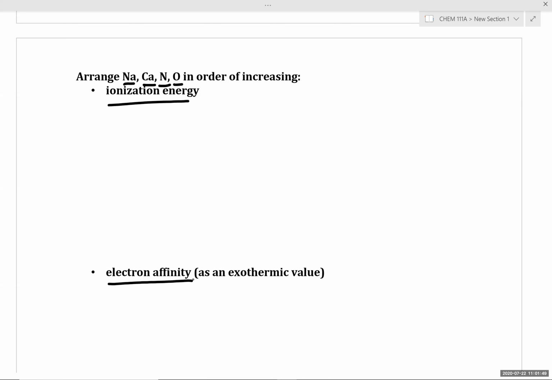And we'll discuss this example in about 3 to 4 minutes. And let's try to get a few more proposed rankings in the chat for ionization energy and electron affinity.